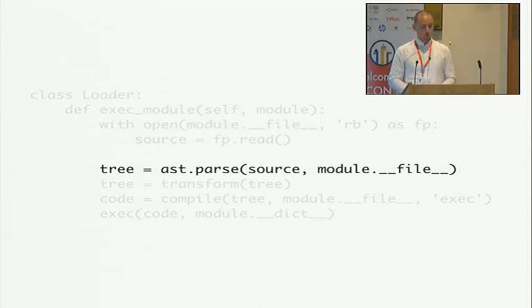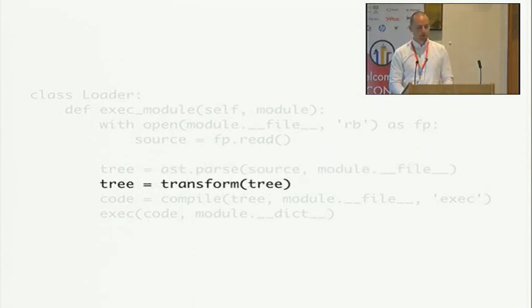Next thing, we use the parse method to parse this code. We actually read bytes and not Unicode string. And we let the parse method actually detect the encoding of the bytes and handle all those quirks. Basically, what happens if you change the encoding and have an encoding statement at the beginning of a file. So now we have the tree.